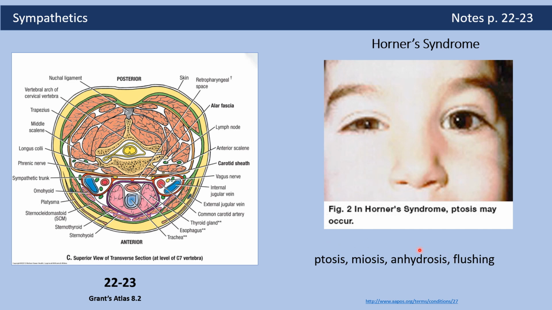And so those things result because those are parasympathetic activities. And so because there is a lack of sympathetics to antagonize the parasympathetics, what you see in that individual really is it looks like the parasympathetics have taken over, so to speak.